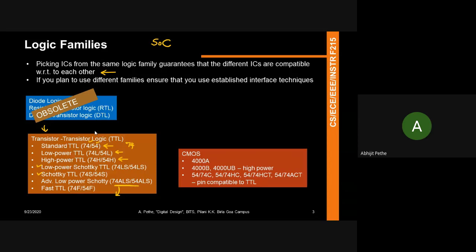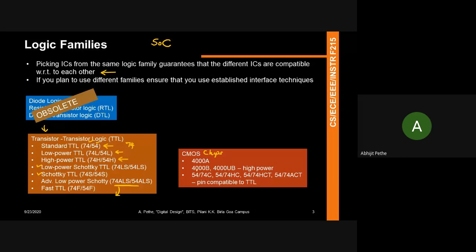The other important technology is the CMOS technology. You have CMOS chips available, and they normally begin with 4000. If you find a chip which begins with the number 4000, or A or B, they generally tend to be CMOS-based chips.